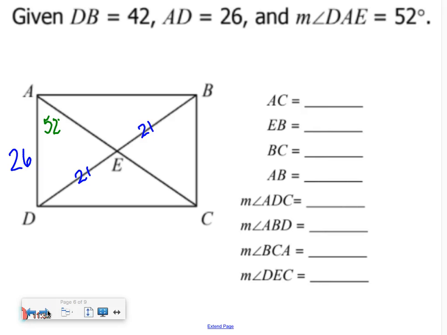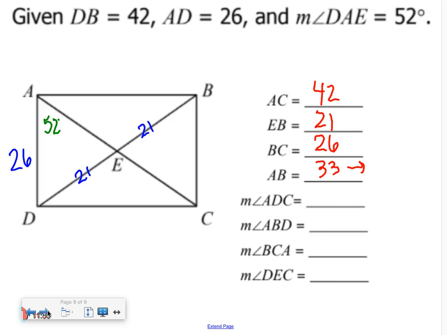Okay, what did you get for AC? 42. 42, diagonals are equal. Perfect. EB? 21, half of 42. Perfect. BC? 26, opposite sides are equal. What about AB? 33, Pythagorean theorem.